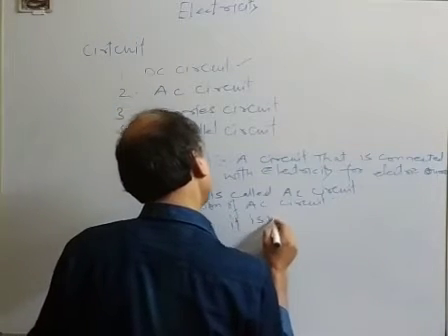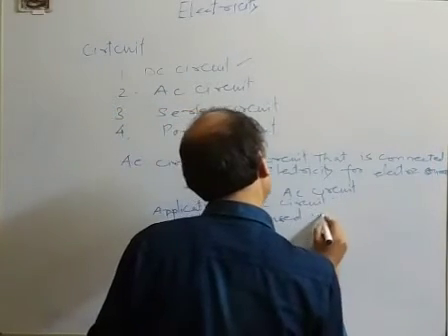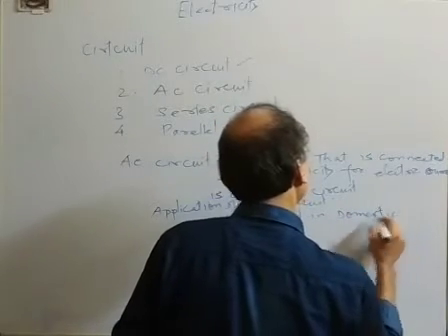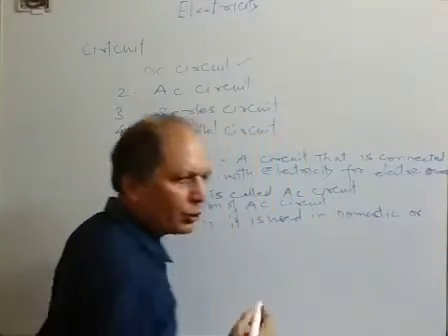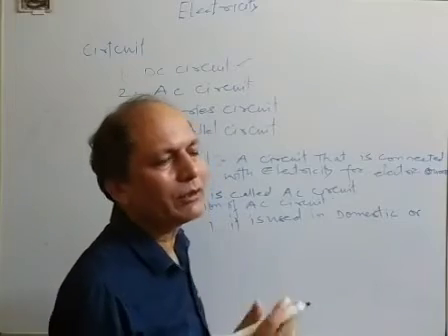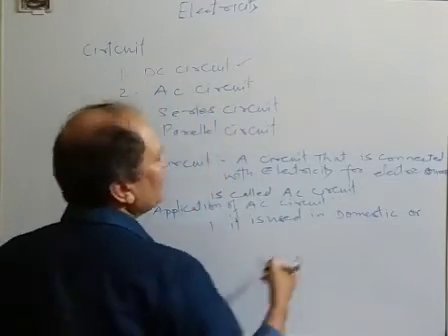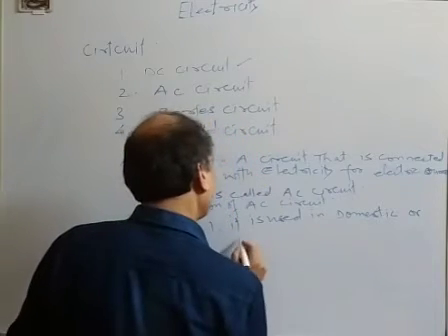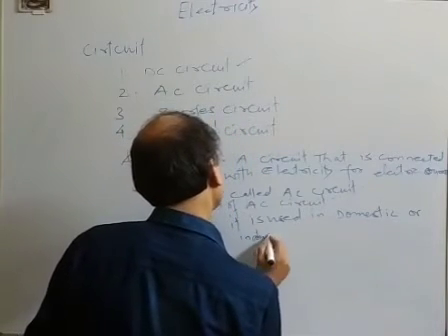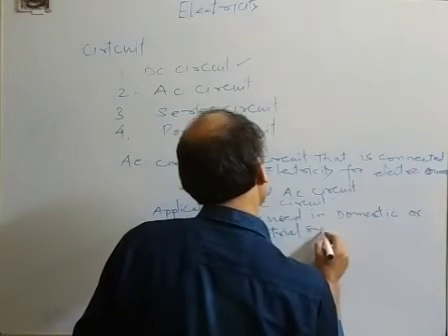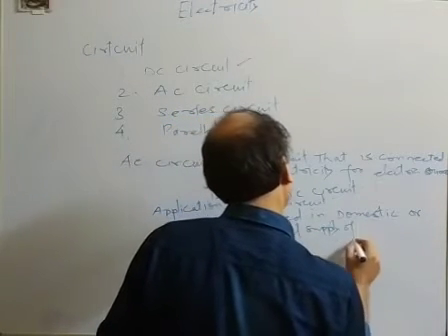It is used in domestic supply, or also we can say industrial supply, because all the industries also depend upon electricity. So it is used in domestic or industrial supply of electricity.